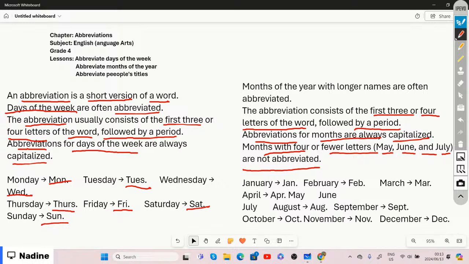So we do not abbreviate those words, we just leave them the same. Which means that June we are not going to abbreviate because it's already short. May we're not going to abbreviate because it's short, as well as July, right? It stays the same.